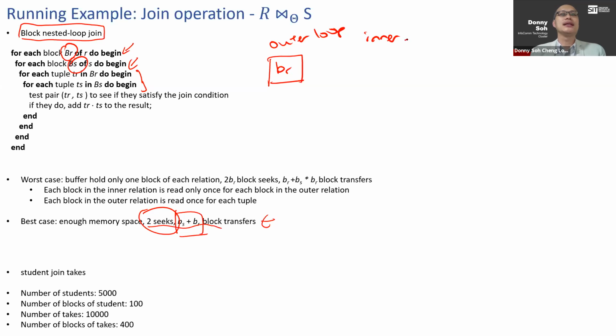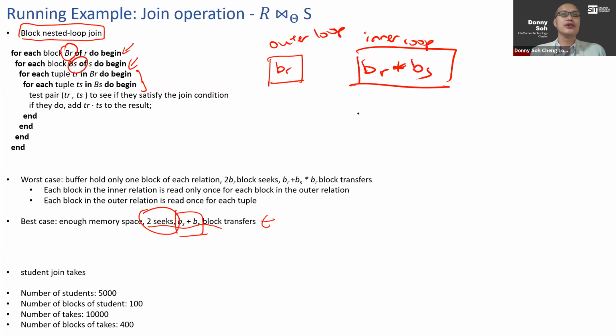Now let's look at the inner loop. In the inner loop, it loads for every single block of BR. So it means that for every single outer block, I will load my inner block 1 time. And so in my inner loop, my block transfers are going to be BR times BS.